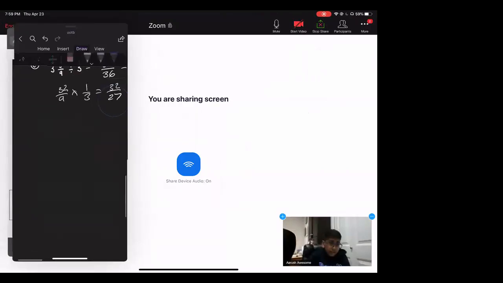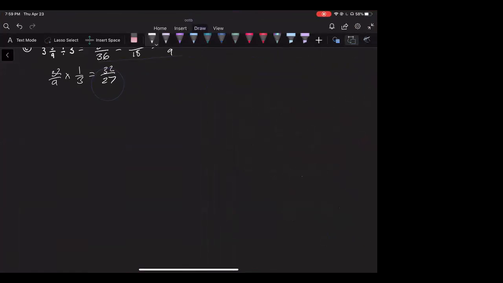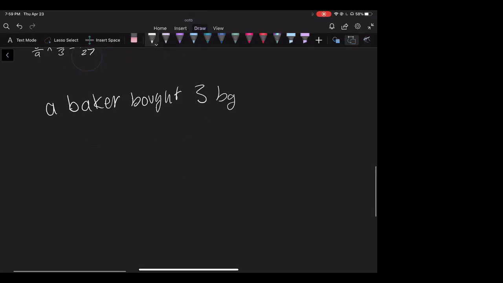That works better. The question is, a baker bought 3 bags of flour. Each weighs 10 kg at $4 per bag.